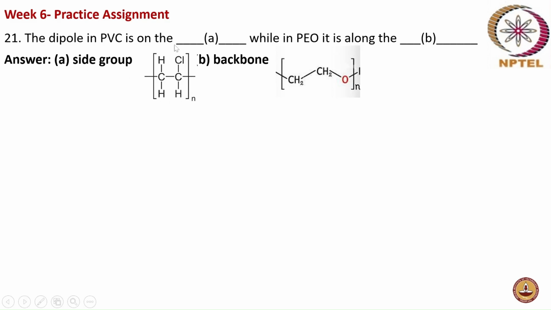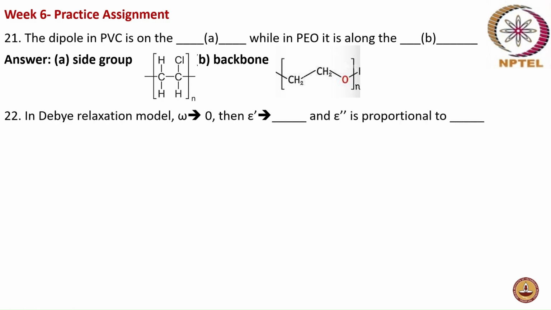This is on the side group. Whereas in PEO, it is on the backbone because of CH2 and O. So C and O, these two form the group that can have the dipole orientation. Okay, it is along the backbone.